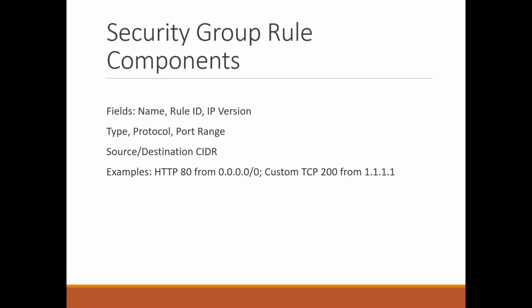For example, for an HTTP rule, we define type HTTP, port 80, and source 0.0.0.0/0. If we define a custom TCP rule, we write type custom TCP, port for example 200, and a source such as 1.1.1.1. Keep in mind, if we don't define any rule, all traffic gets blocked automatically. This is the most important point.